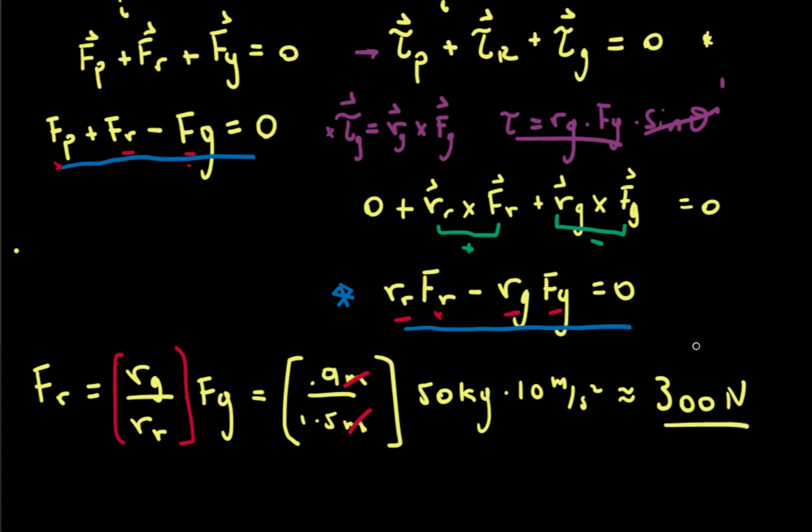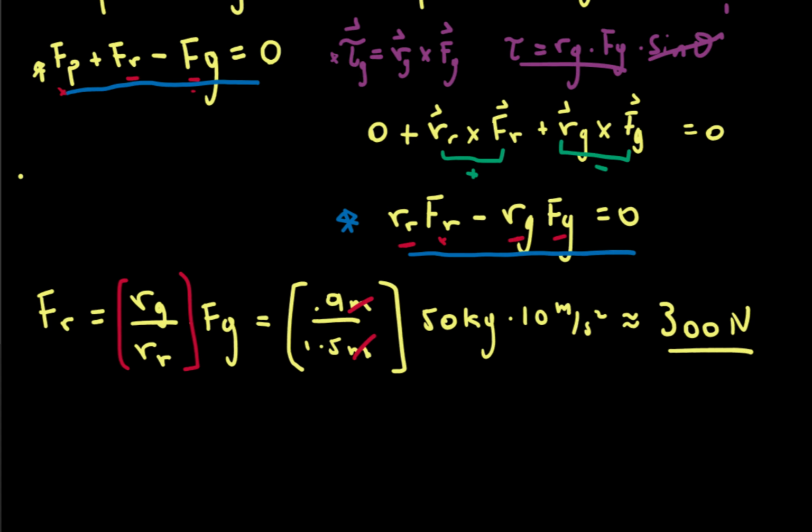And then finding F_P becomes very simple. So basically we go to this equation right here and solve it. Using the force part of our equilibrium, we find that force P equals force of gravity minus force of reaction.